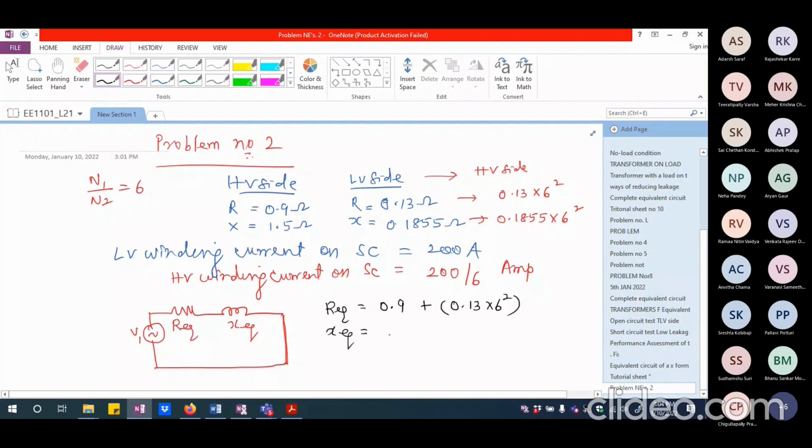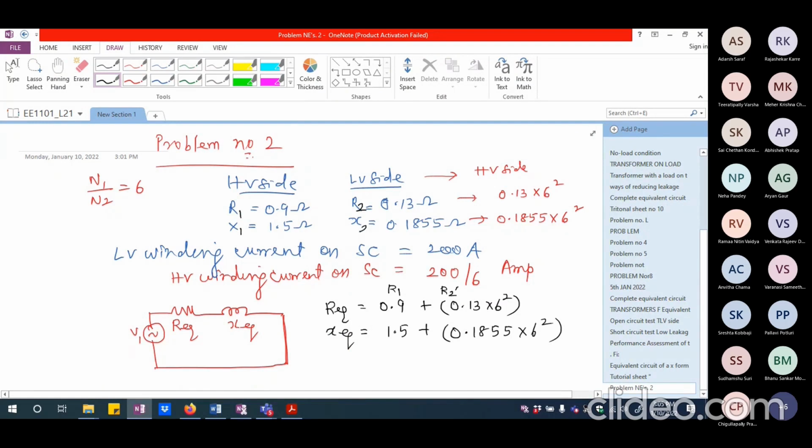X equivalent is going to be 1.5 plus 0.1855 multiplied by 6 square. Got it? Because this will be R1 and this is R1 and this is R2. So this will be R2 dash now.